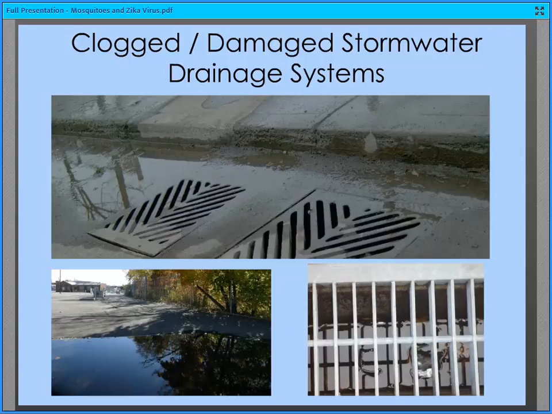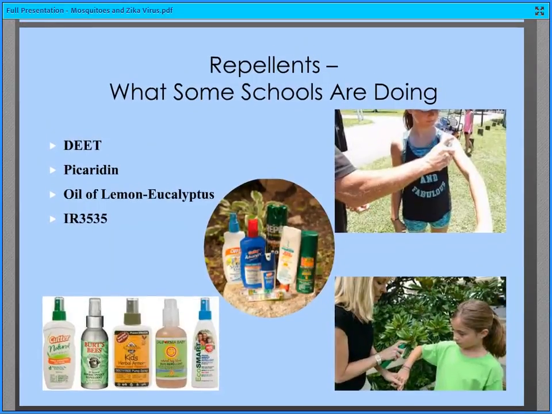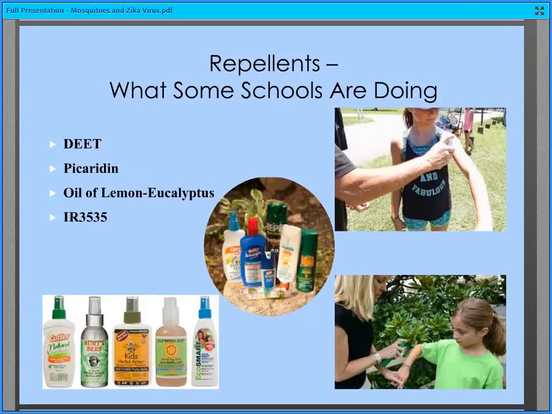But a lot of these French drains are close to the playgrounds where the kids are playing. So again, the mosquitoes don't have to go very far and catch one of the kids and have a good feed day out on them. We have been trying to let the schools know to use repellents.